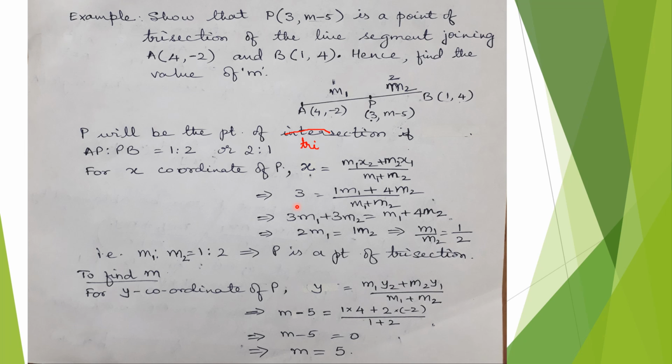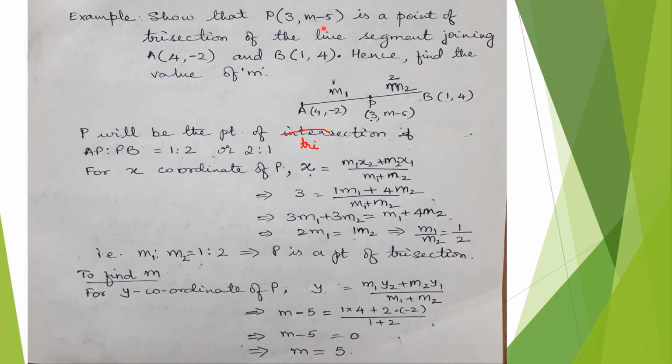That means my 3 is equal to (1 into m1 plus 4 into m2) upon (m1 plus m2), and when I simplify I get m1 is to m2 is equal to 1:2. The ratio m1 is to m2 is equal to 1:2, and it gives us that P is the point of trisection. So the first part I have proved over here, that P is a point of trisection.